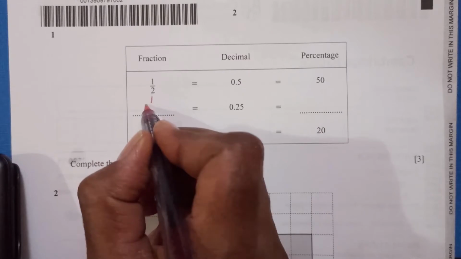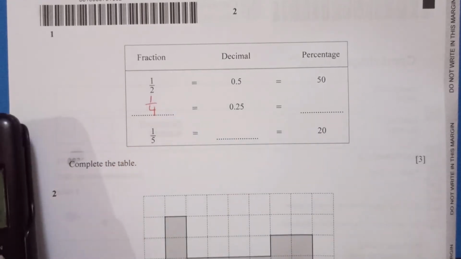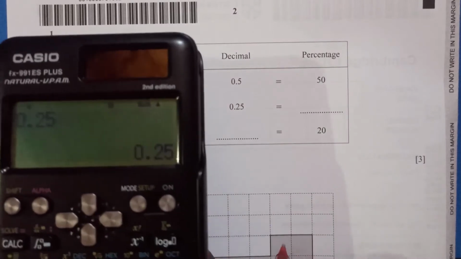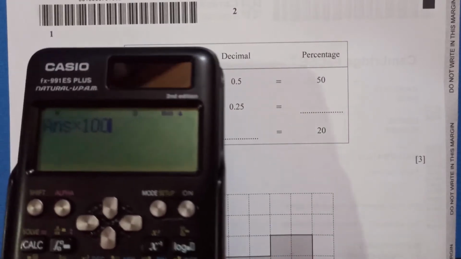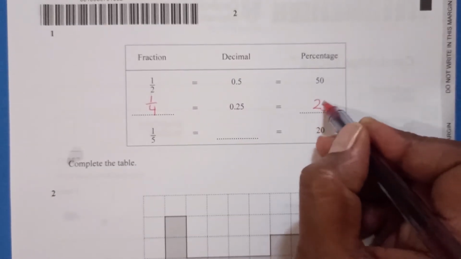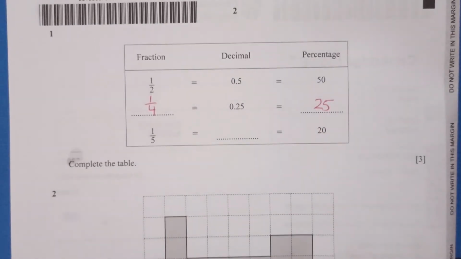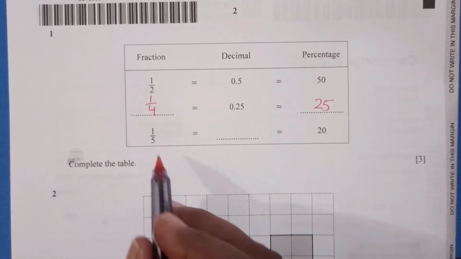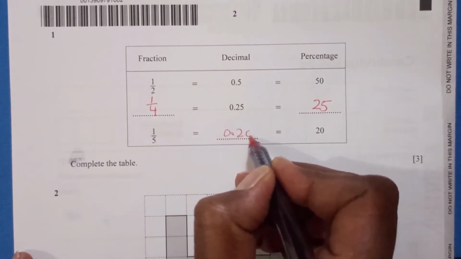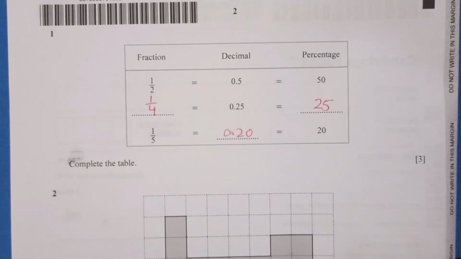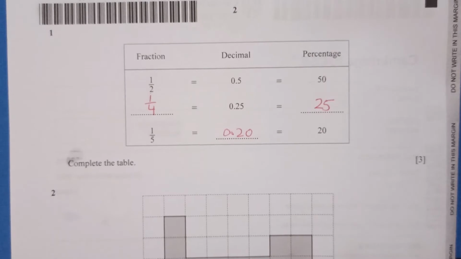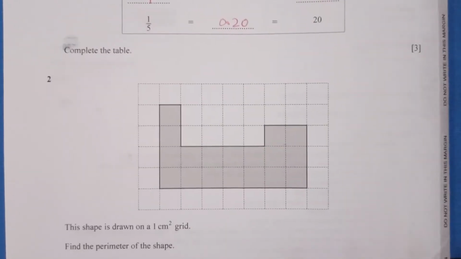So 1/4 will go here in this column. Then 1/4 is 25%, times 100. So in percentage we will have 25, right? Similarly for 1/5 you can do that. So this is 0.20. This is a very simple question, but you can see we have 3 blanks here and it is a 3 mark question.